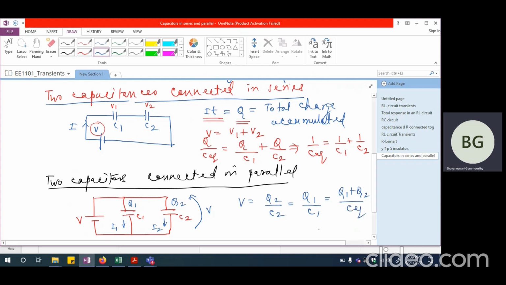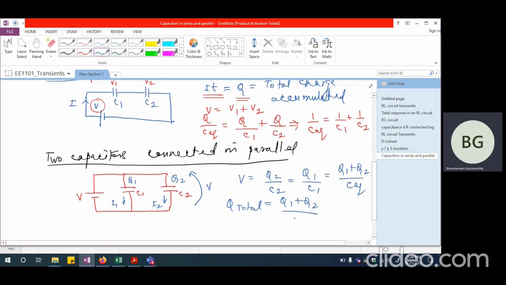So this is what is going to be the overall expression for voltage when I write it. Okay. Now, because I am saying that Q equal to Q total equal to Q1 plus Q2, divided by C equivalent.